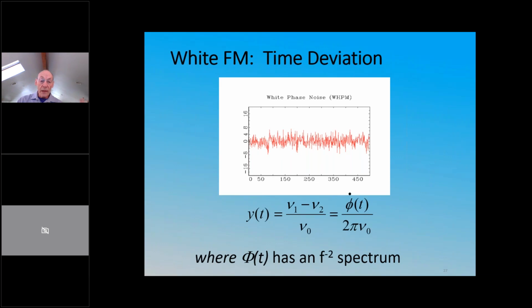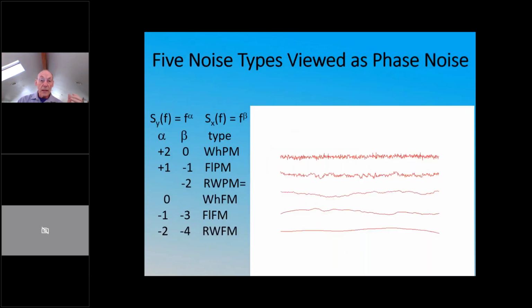So this is data that's white phase noise, and here's what the 5 noise types visually look like. If you're used to looking at these data, you can just about look at a data set and know what noise type dominates just by the way the data are moving around.